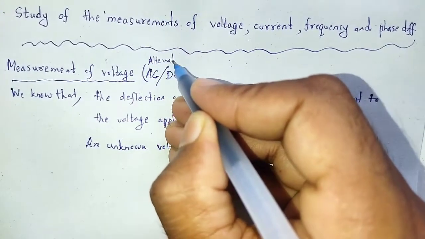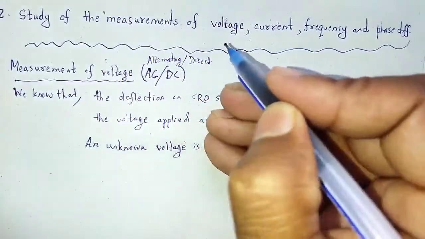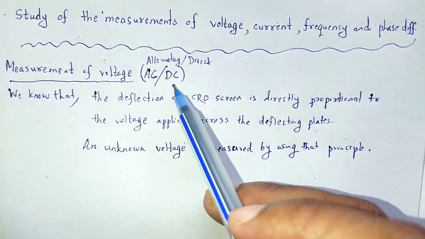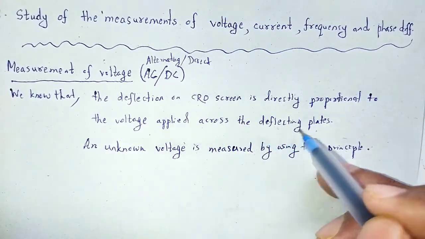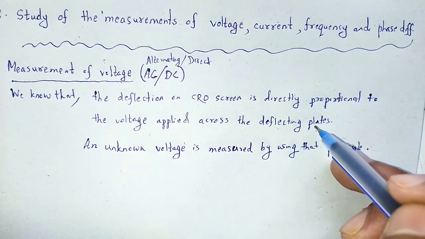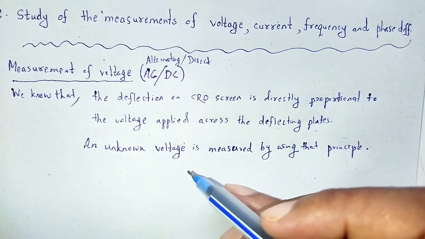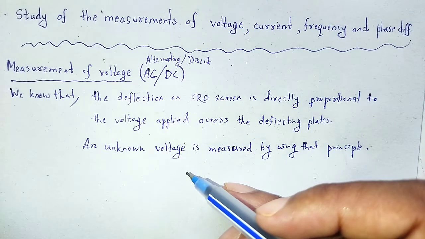In case of direct voltage, when we measure across the vertical deflection plates in the absence of the sawtooth wave, the internal horizontal sweep generator is shut off.